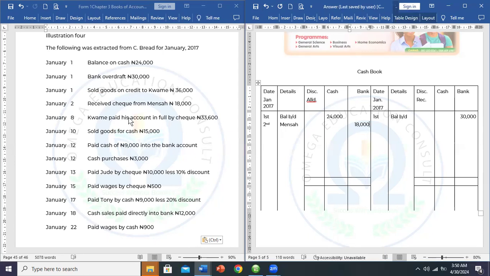So he's now coming to pay. So it means that we are now going to receive the money from Kwame. So it is a receipt. And for that matter, we have to debit it. So on the 8th, we indicate Kwame here.